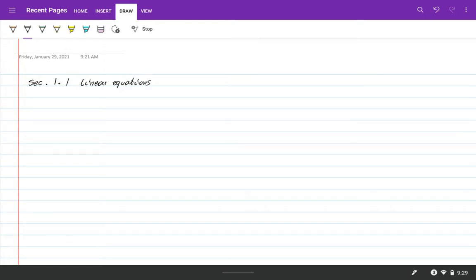So first equation which I want to solve is linear equation with integer coefficients.